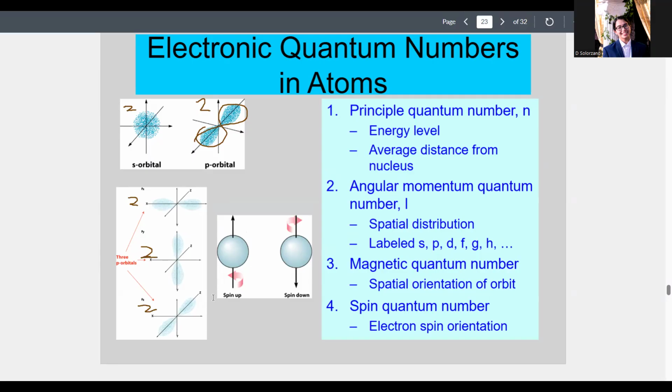The main thing to know here is that s holds two electrons, p holds six, because all three of these combined add up to six.